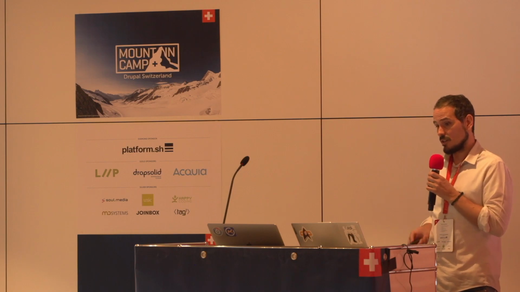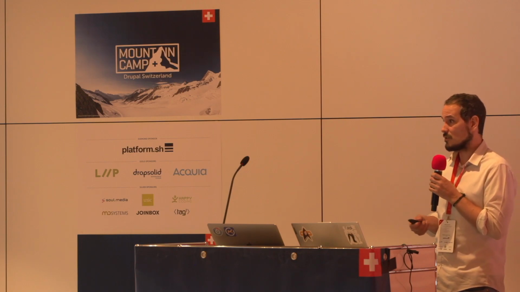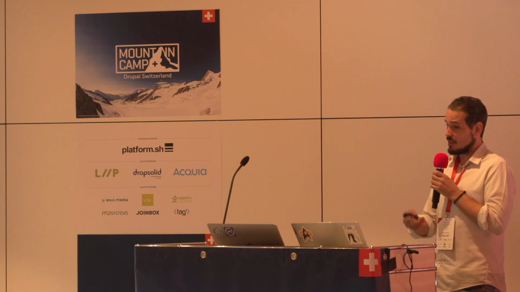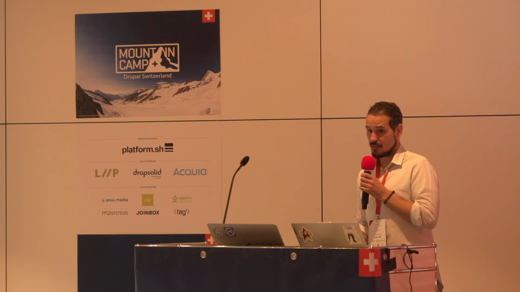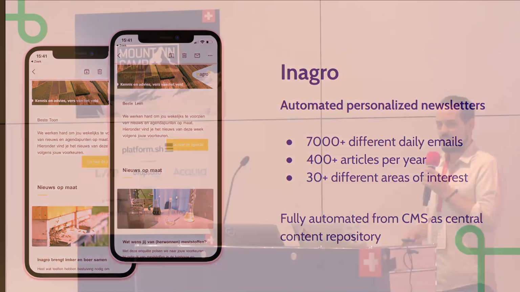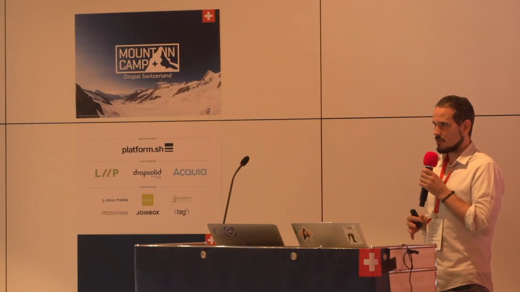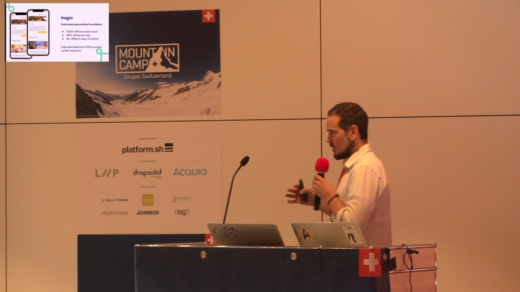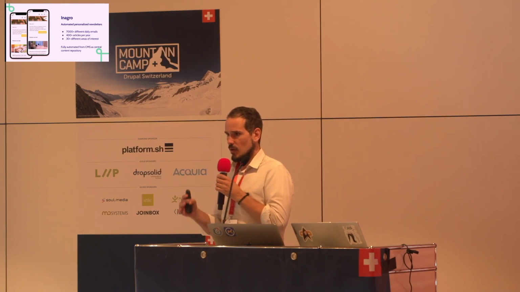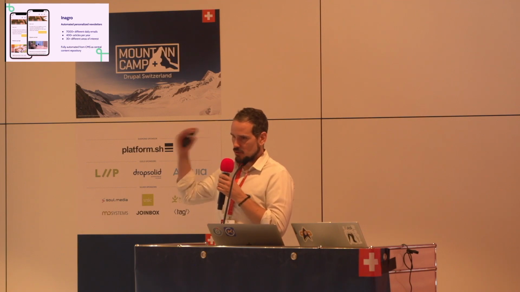We use it for Tourism Flanders, which is the government agency for tourism. Or for example, this case, it's a lab with a lot of different industries. We actually send 7,000 different emails every day, and we use the CMS to compose the content and send it to these people. When we did it, they did the normal campaigns, and what we see is that the engagement actually doubled.